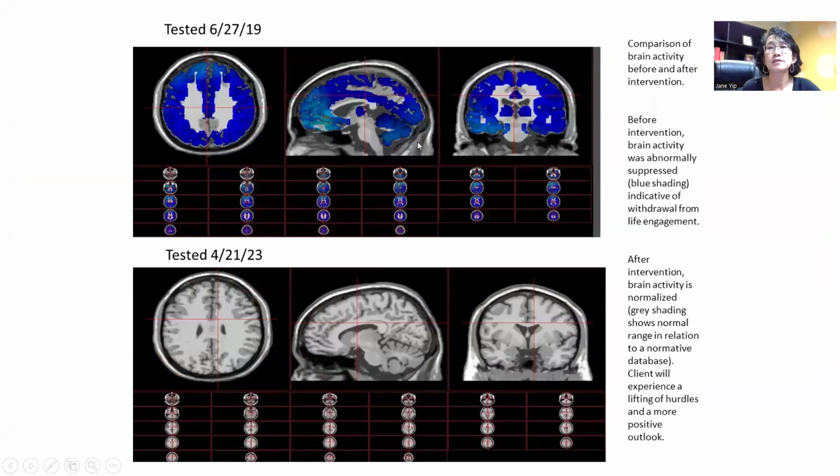You can see that. So before intervention, as you can see from the brain and from the behavior, there are lots of behavior suggesting withdrawal, refusal, lack of engagement in life. After the intervention, normalization, after the brain has normalized, the client is more willing to try new things, to participate in life skills, activity, to learn, and ultimately even to read.